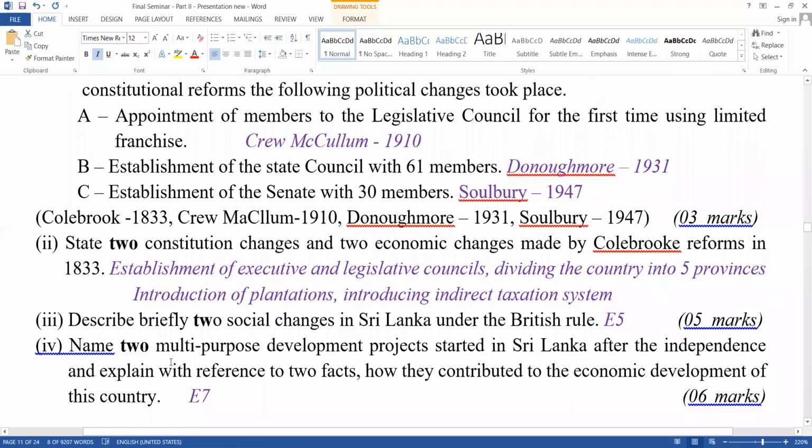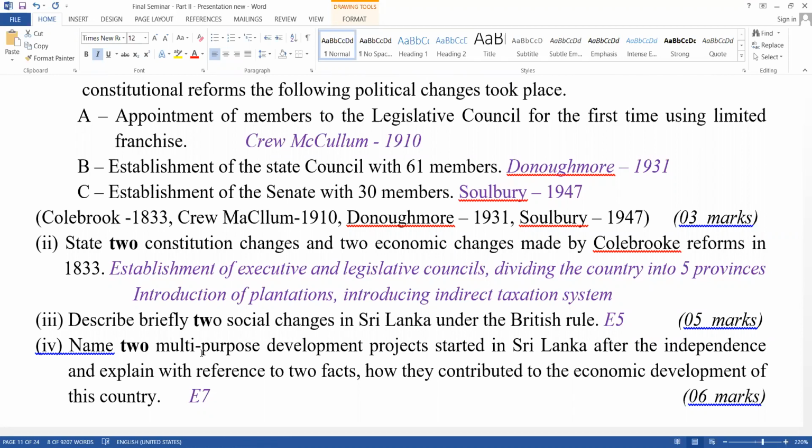Name two multi-purpose development projects started in Sri Lanka after independence and explain with reference to facts how they contributed to the economic development of the country. What is the answer? E7. See, objectives of multi-purpose development projects. E7 is the answer.